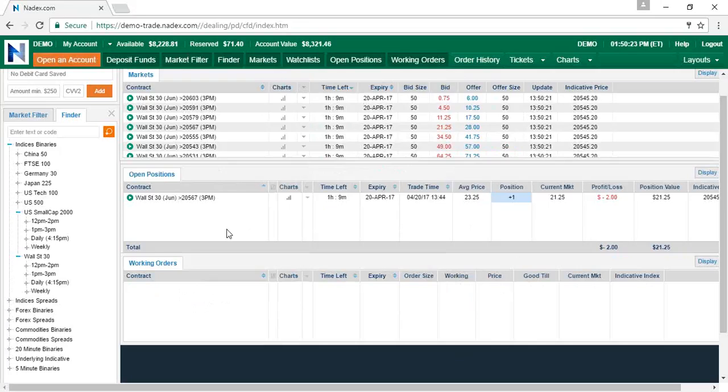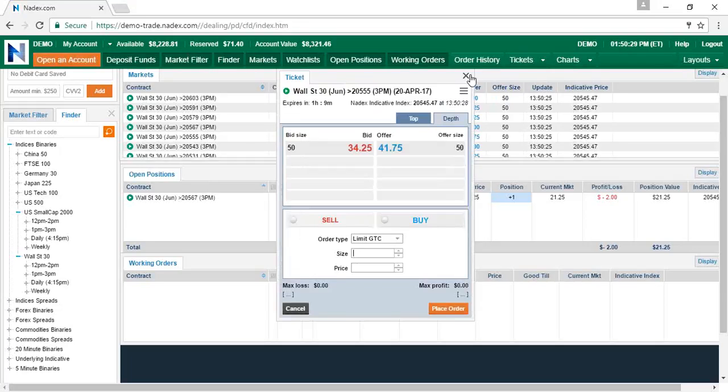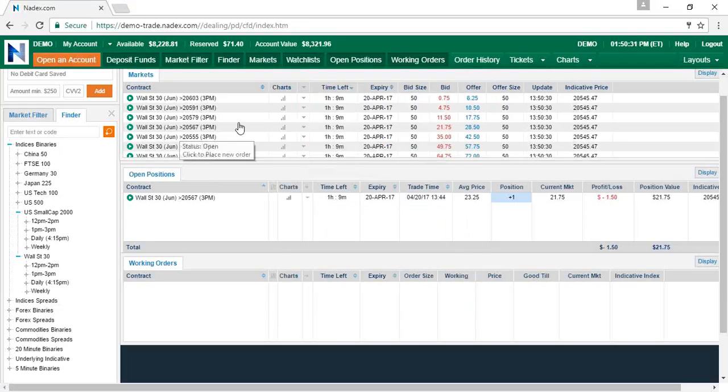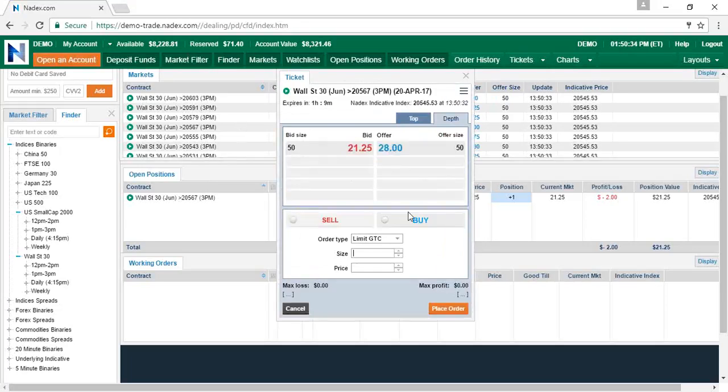Okay. All right. SG brings up a good point here. Let me show you a couple things here. If I was to open this ticket right here, and I say I want to buy it, it's currently at $29, and I want to buy one of them. Okay. Well, wait a minute.